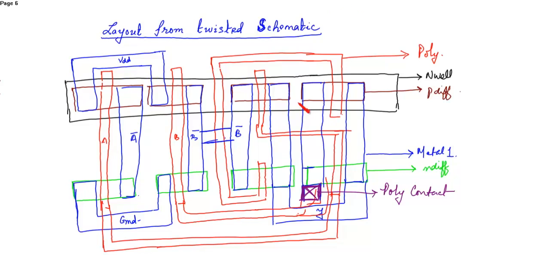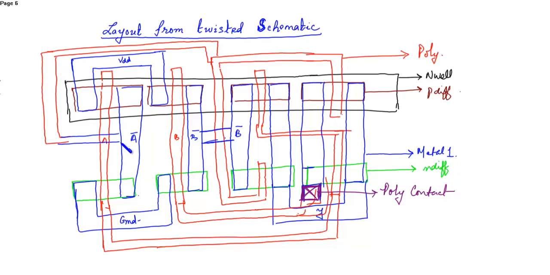We'll draw from the poly layer, where this poly layer is connected to this A bar. So get metal from this.